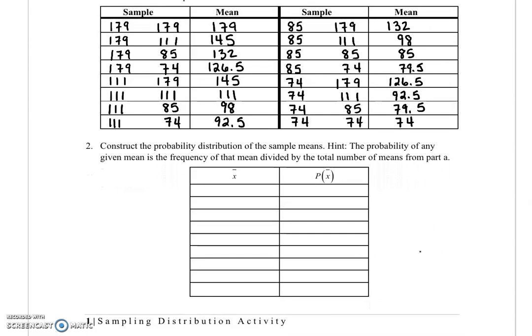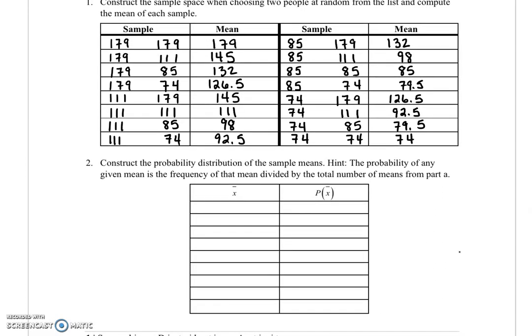So we're going to construct the probability distribution of the sample means. And the sample means are the mean columns that we just created. So let's write down all the means, and I'm going to do them in descending order.